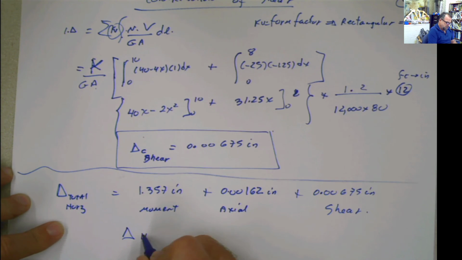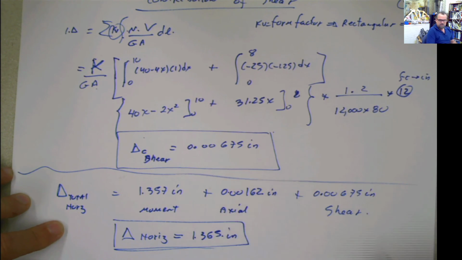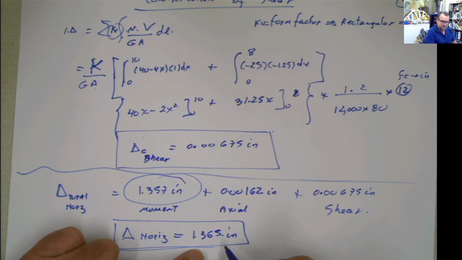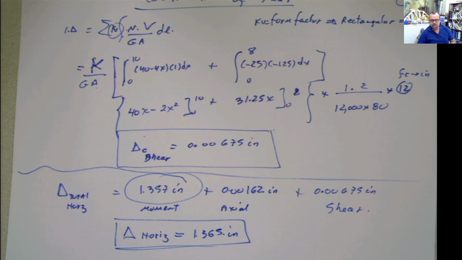Total horizontal displacement equals 1.365 inches. Compare that with 1.36 inches. It's the same thing, same difference, like my son said.